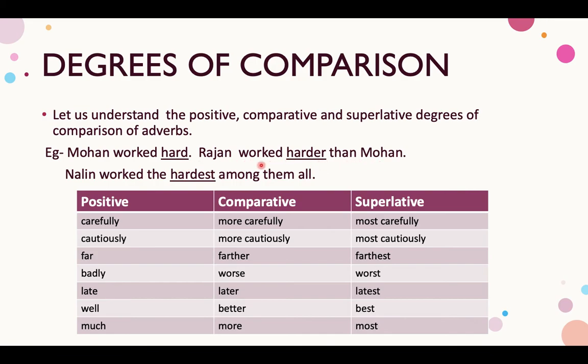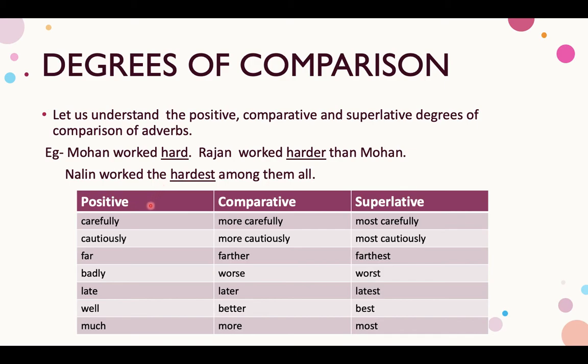And see children, there is the word than. Whenever we are doing comparison, the word than is always there. Now Nalin worked the hardest among all. So now we are comparing Nalin with everyone. So this is the superlative degree. And there is the article the. Whenever we are writing a superlative, there is the article the.